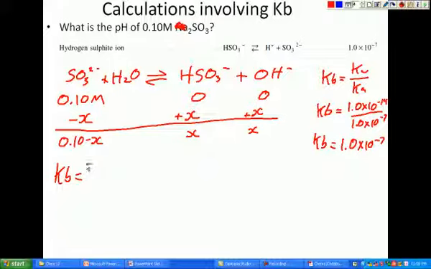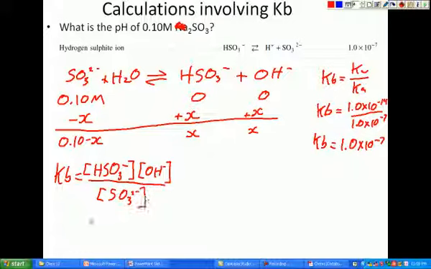Kb equals the concentration of HSO3 minus times the concentration of OH minus divided by the concentration of SO3 2 minus. Or in other words, that's going to be Kb equals x squared divided by 0.10 minus x.